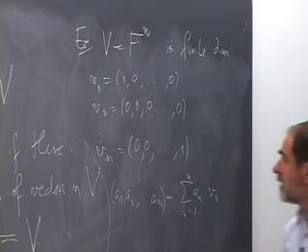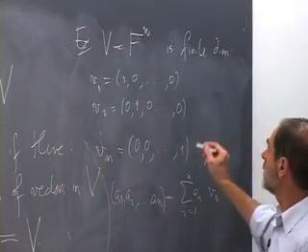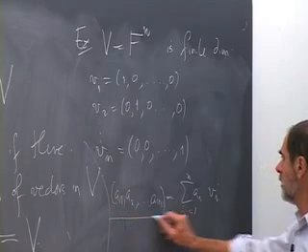That's more or less obvious. So these n vectors span this vector space. So that's finite dimensional.